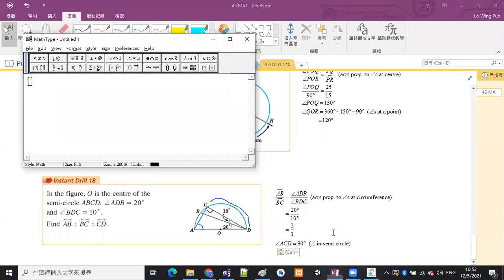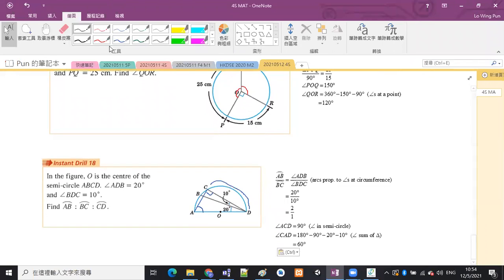So we can calculate angle CAD to be 180 degrees minus 90 degrees minus 20 degrees minus 10 degrees. Okay, this is angle sum of triangle. So it should be equal to 60 degrees. So this angle is equal to 60 degrees. And then we can form another ratio now. Okay, so arc CD to arc BC.